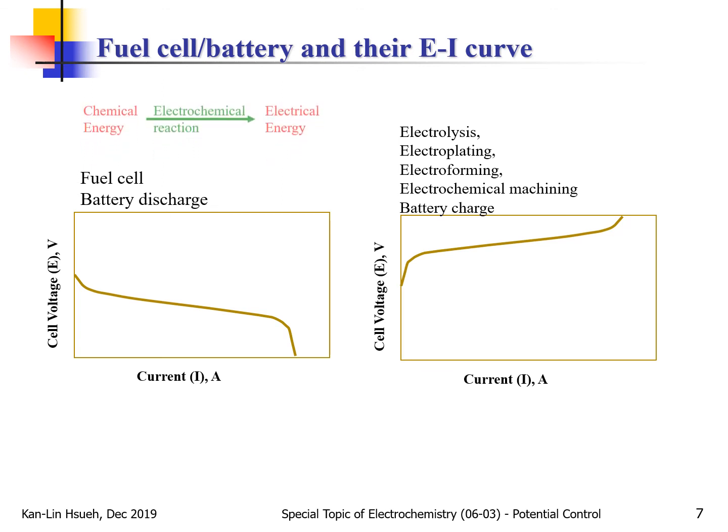That's because for fuel cell and battery discharge, you have chemical energy that goes through the electrochemical reaction and releases electric energy. It is a spontaneous reaction, so the energy is released from the chemical and becomes electric energy. So with a higher current, the cell voltage will decrease.